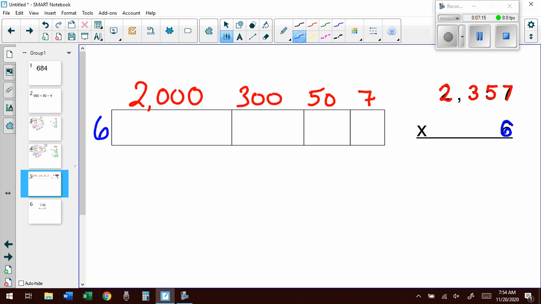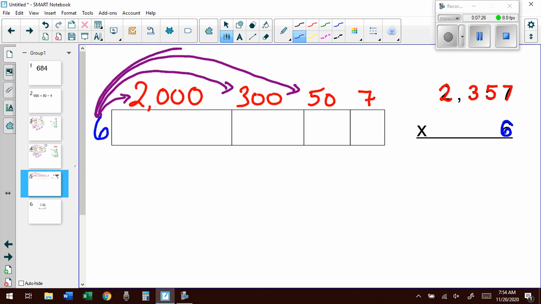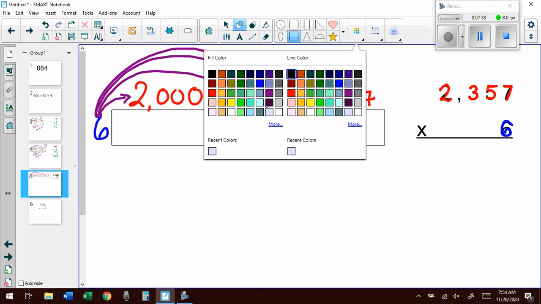We're going to use our knowledge of area to multiply 6 by 2,000, 6 by 300, 6 times 50, and 6 times 7. Let's go. I need to use squares because if I use my hand, you wouldn't be able to see my hand.